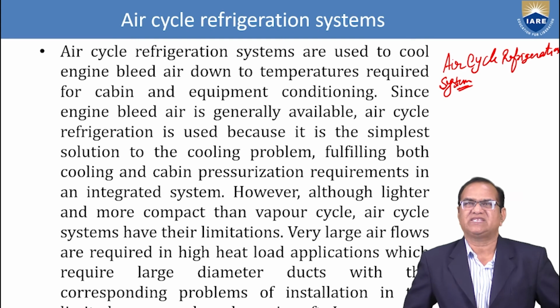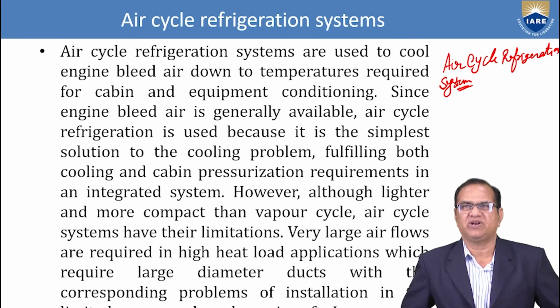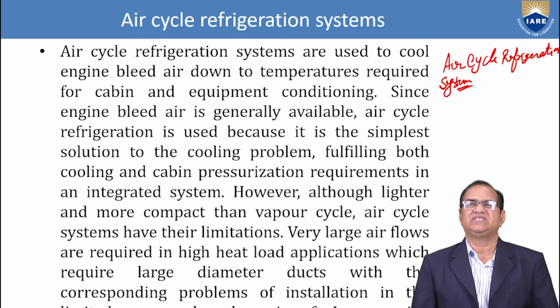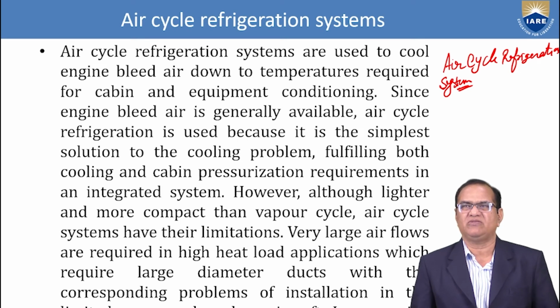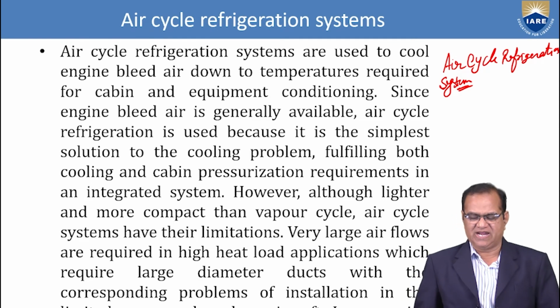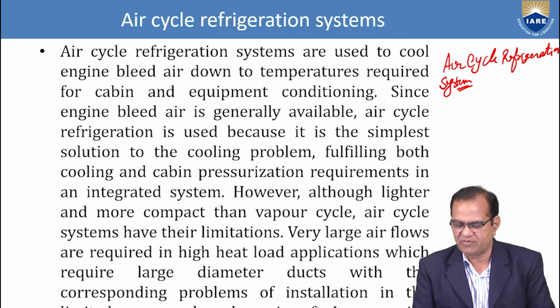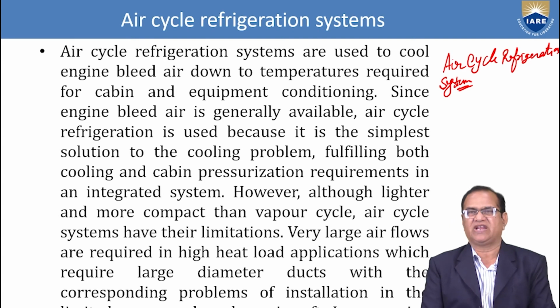Air cycle refrigeration systems are used to cool engine bleed air down to temperatures required for cabin and equipment conditioning, fulfilling both cooling and cabin pressurization requirements in an integrated system.